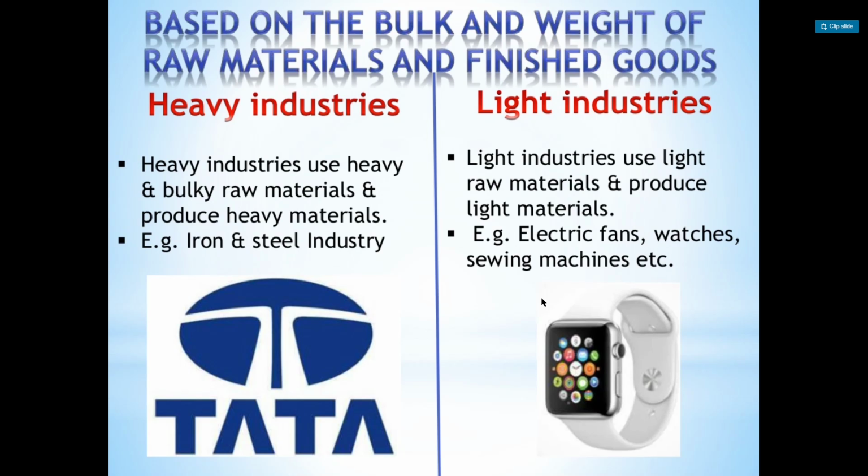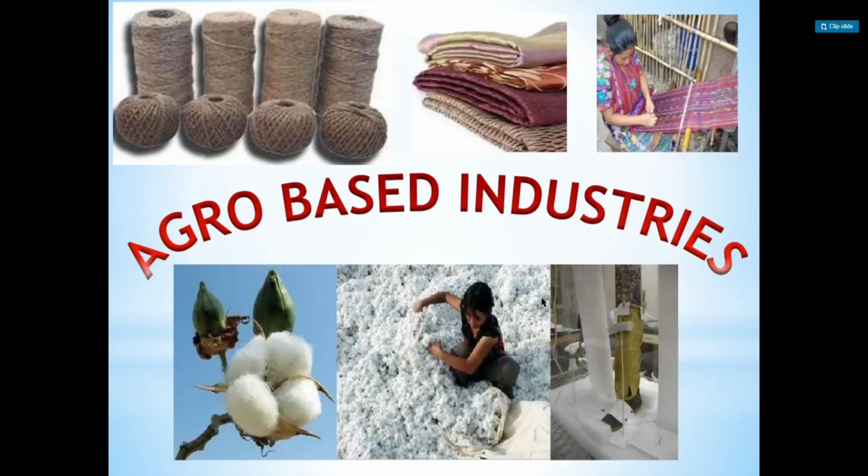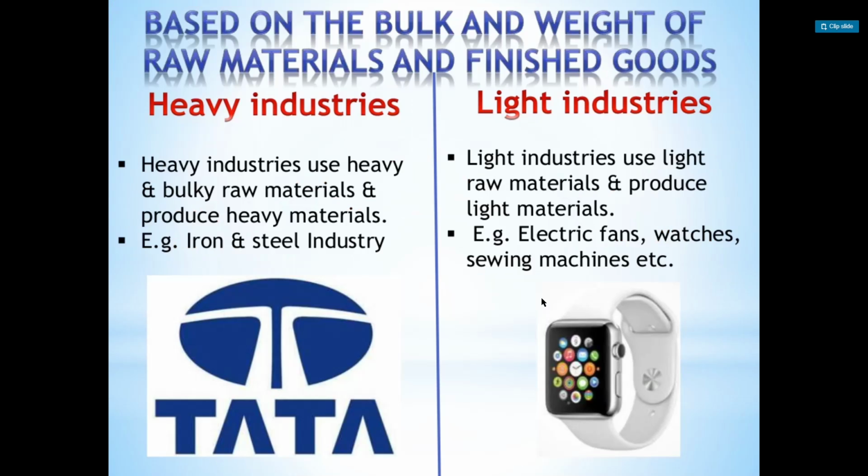The iron and steel industry comes in the heavy industries, and electric fans, watches, sewing machines, etc. come under the light industries.